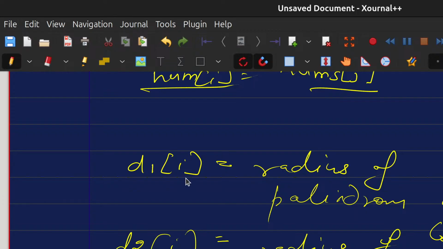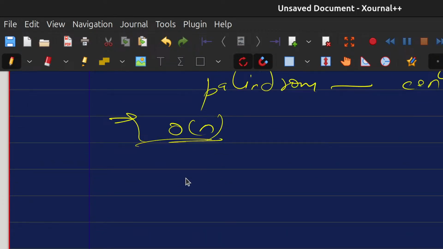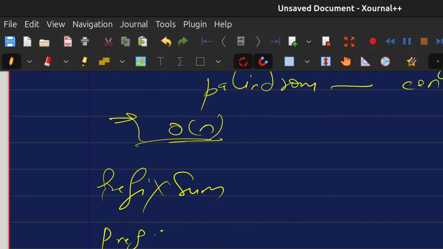Okay. What is prefix sum for us? Prefix sum of i plus 1 is equal to prefix of i plus nums of i. Okay.